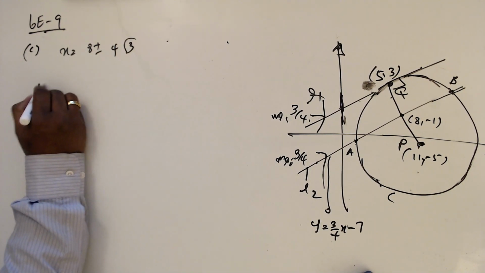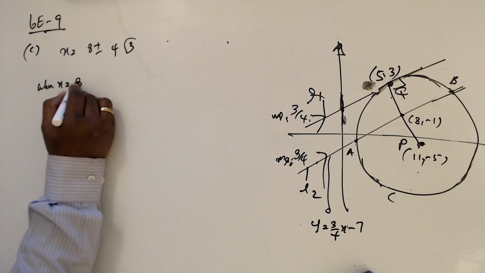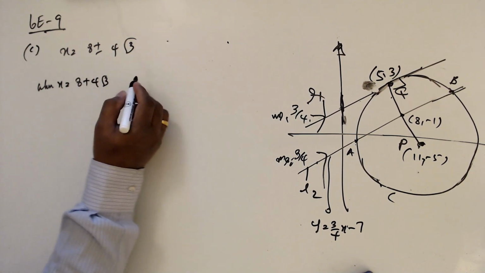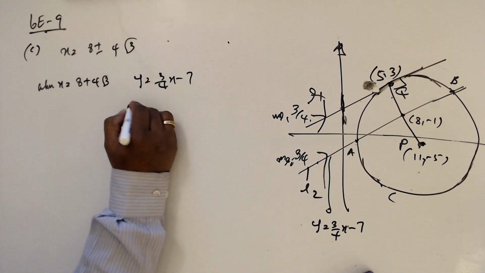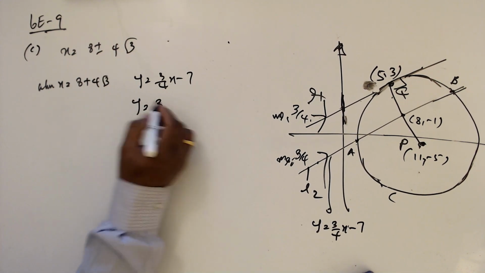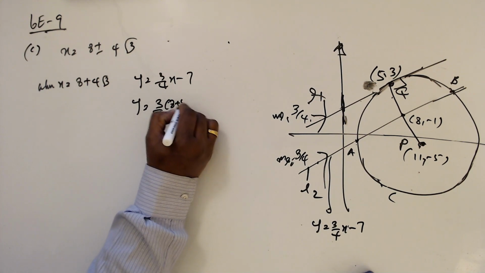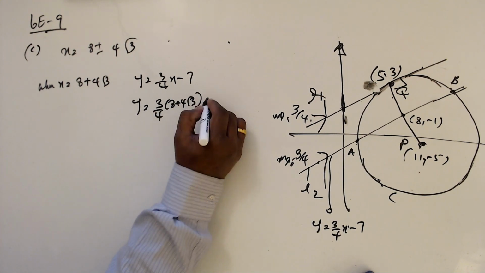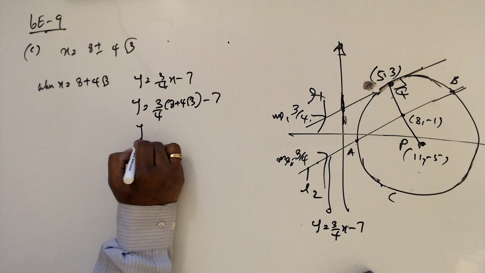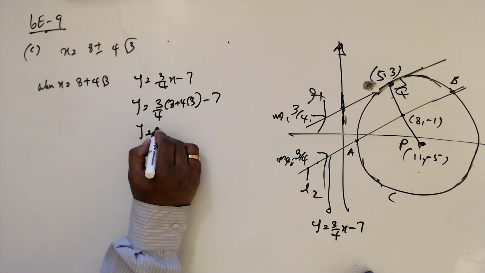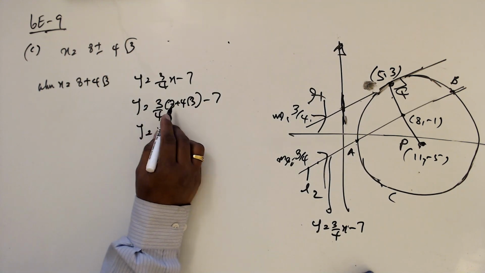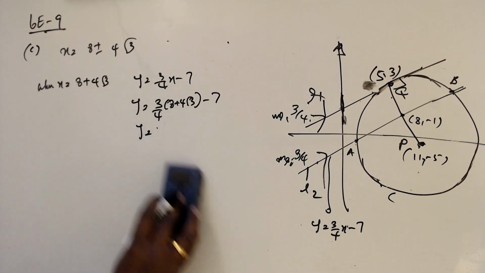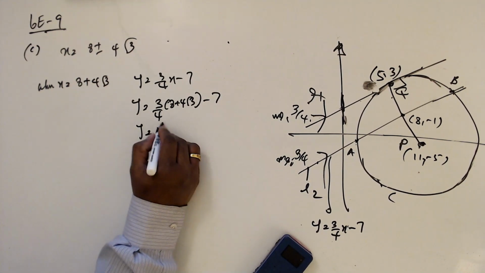Now when x equal 8 plus 4 square root 3, y equal 3/4 x minus 7. y equal 3/4 times (8 plus 4 square root 3) minus 7. So y equal, I'm going to expand this one, 3 times 8 is 24, divided by 4 is 6.